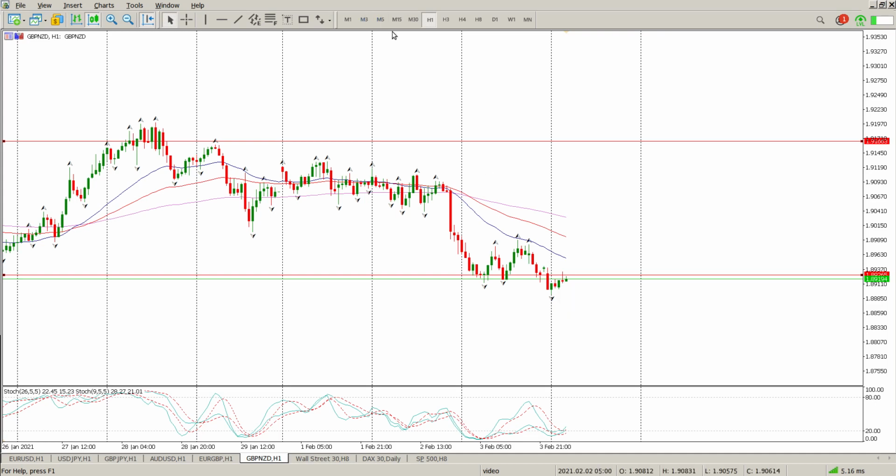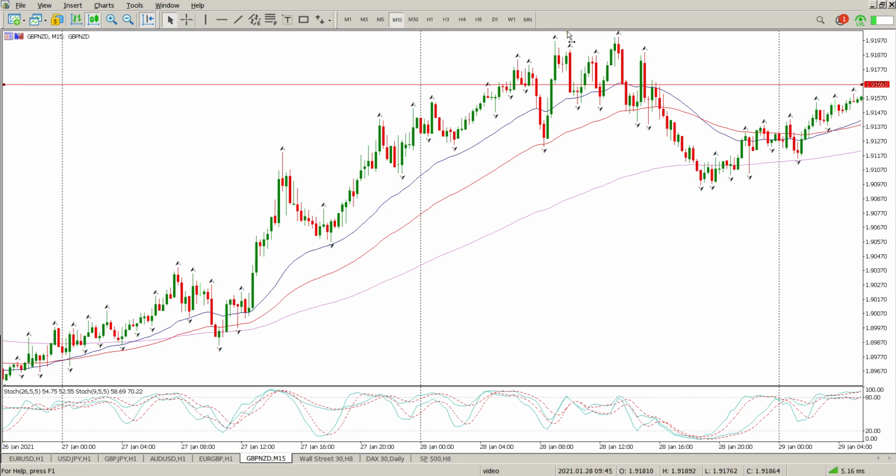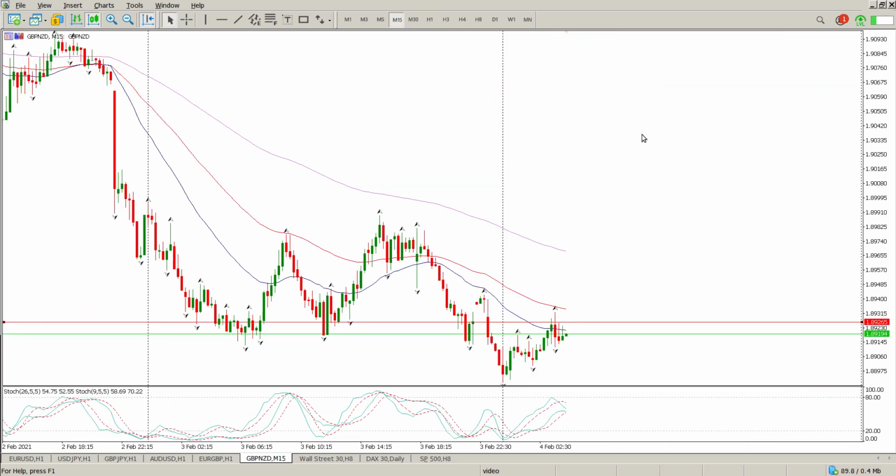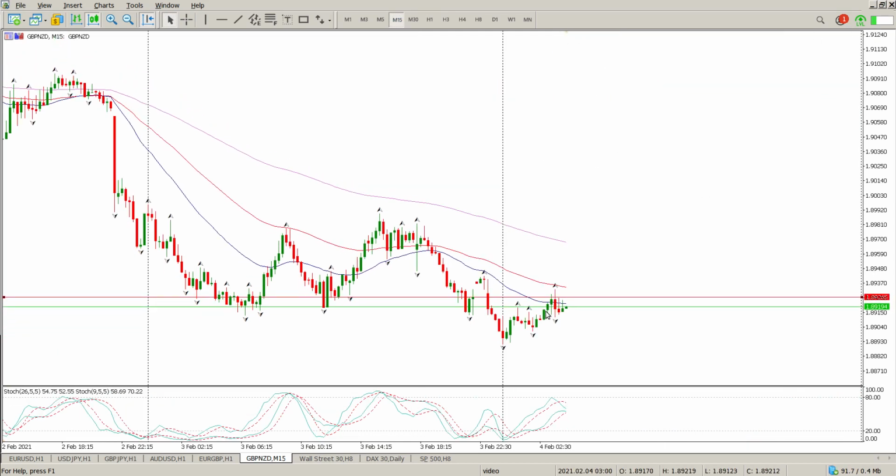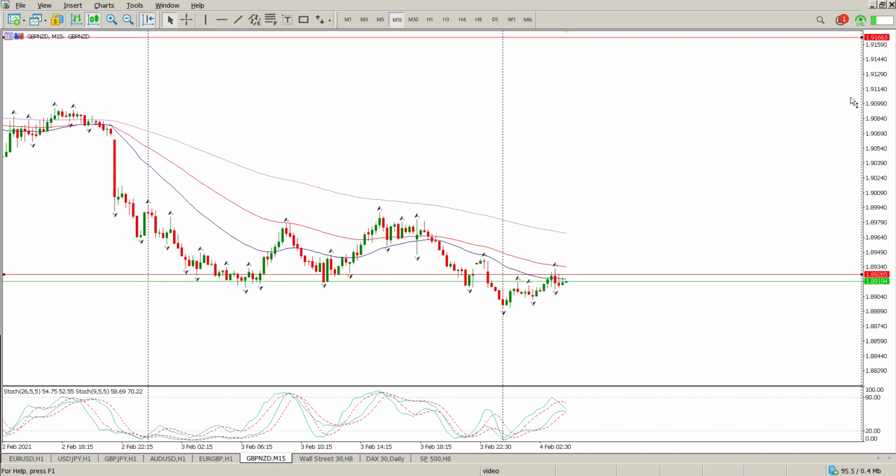Okay, and often what I would do is I just take that down to the 15-minute and then have a look at the 50-minute. You can see there's a fractal formed already. So a 15-minute close below that, 189.113, is an entry to the short side, and then your stop is right above this bar.